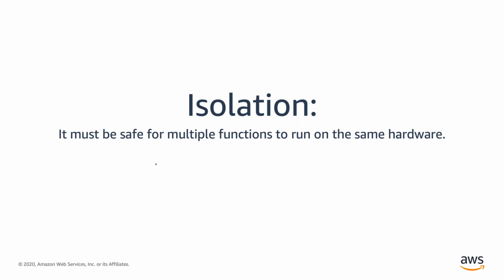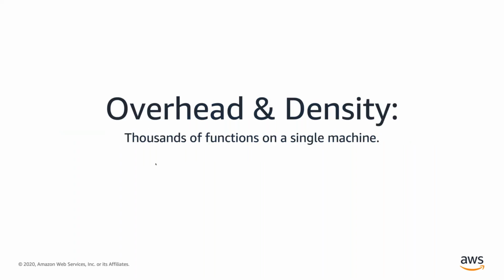And it must be safe for these multiple functions to run on the same hardware. And that means safe from a security perspective specifically. We need to be able to run thousands of functions on a single machine with acceptable overheads and acceptable densities.